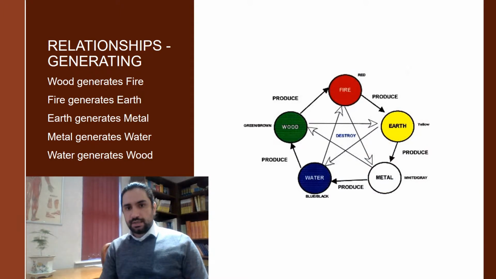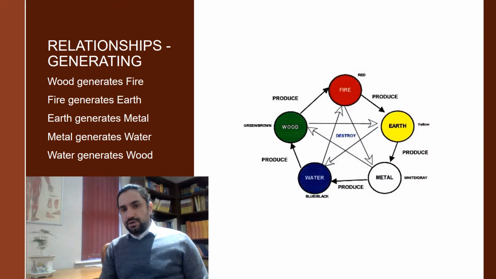We can look at the 5 elements as having a relationship within which one generates the other, and this forms a cycle. This forms a cycle because wood generates fire, fire generates earth, earth generates metal, metal generates water, water generates wood, and the cycle starts again.